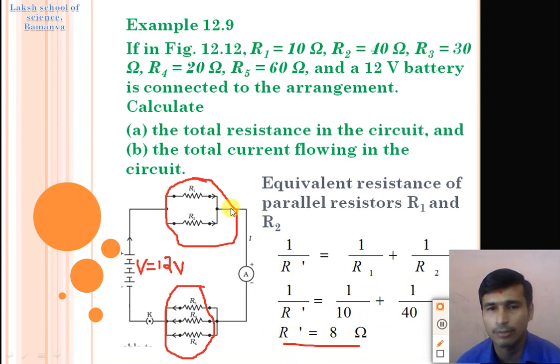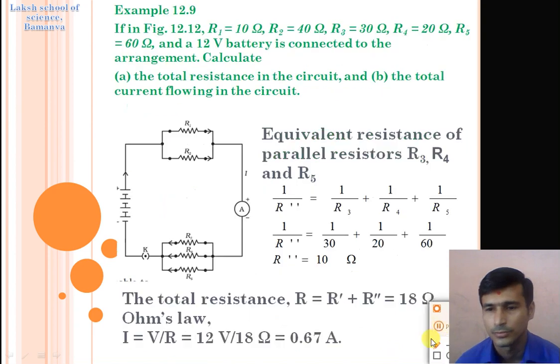So the equivalent resistance of this configuration, R dash, is 8 ohm.